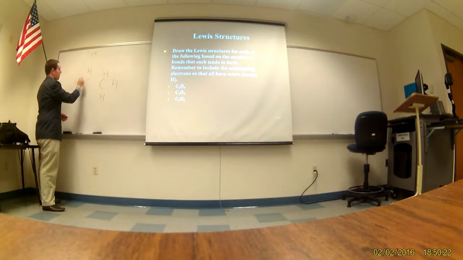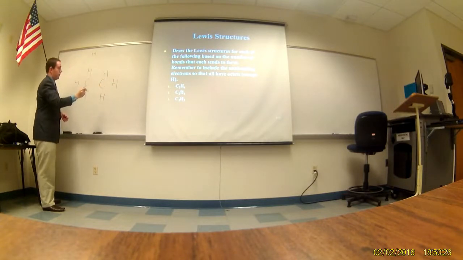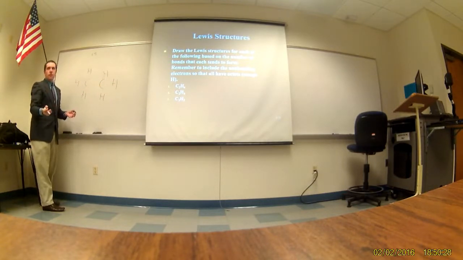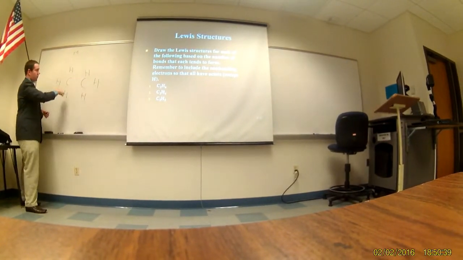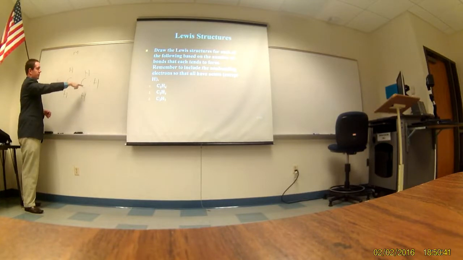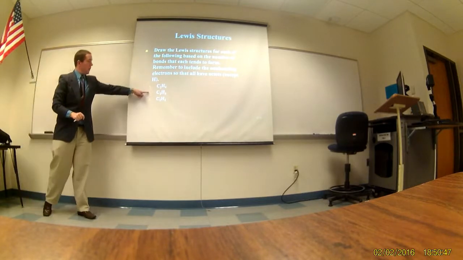I've got 1, 2, 3, 4, 5, 6, 7, 8, 9, 10, 11, 12, 13, 14. Is everybody happy? Each carbon has 8, each hydrogen has 2, carbons have 4 bonds, hydrogen has 1 bond. We're done. Okay? Now we're going to move down to here.